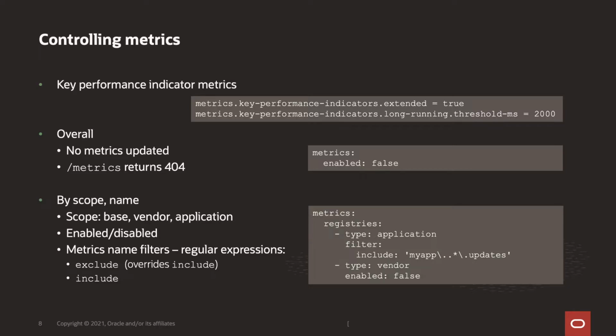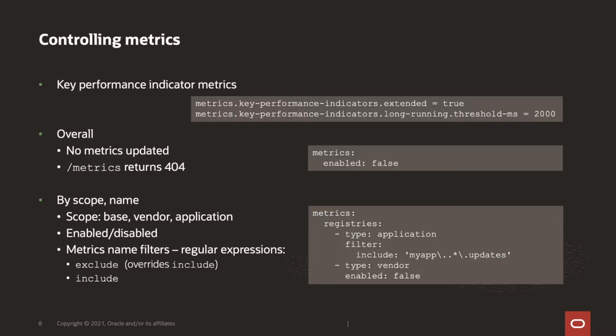You can enable or disable an entire scope with a single setting, and you can also use some finer-grained control over particular metrics by name by specifying some regular expressions. You can specify patterns to exclude as well as patterns to include. These are regular expressions, and if you specify exclude and include together, then exclude will override whatever you might say in include.